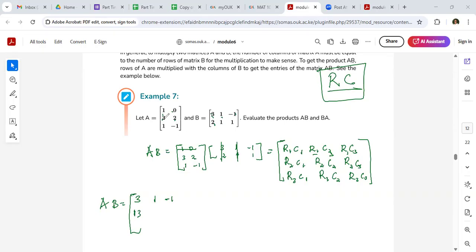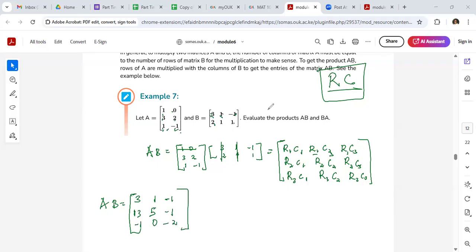Then row 2 by column 2: 3 multiplied by 1, 2 multiplied by 1, you add, 5. 3 multiplied by negative 1 plus 2 multiplied by 1 is negative 1. Then 1 multiplied by 3 is 3 plus negative 2, negative 1. 1 multiplied by 1 plus negative 1 multiplied by 1 is 0. 1 multiplied by negative 1 is negative 1 plus negative 1 multiplied by 1, negative 2.